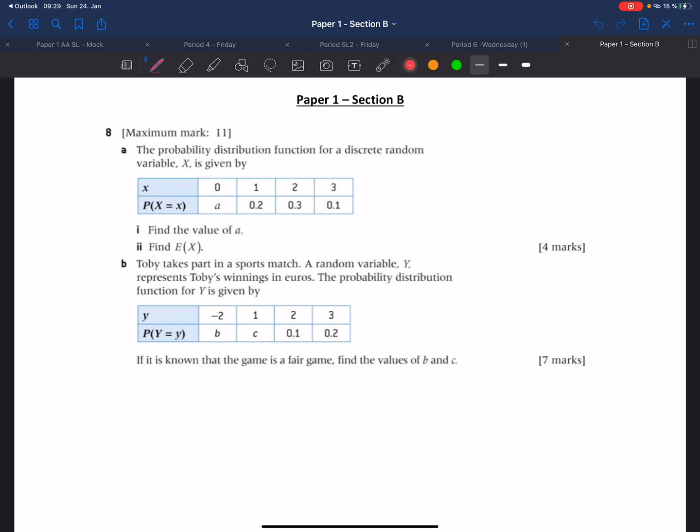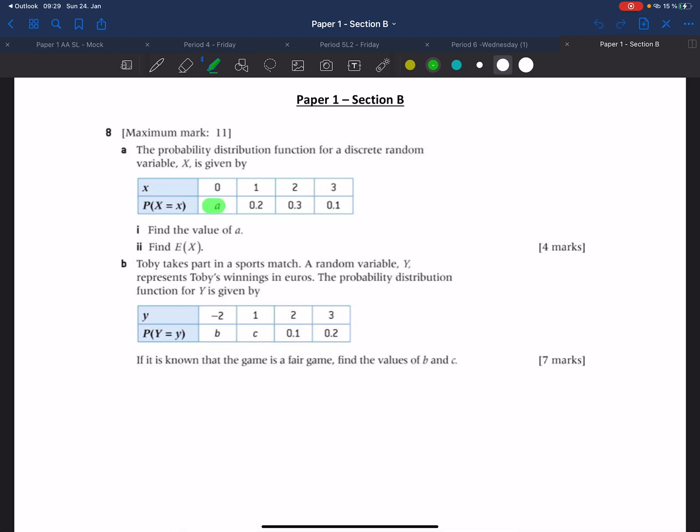So when the first question asks you to find the value of A, you are going to be using a specific rule with probability, which is that one of the things in that table has to happen. So there isn't an alternative possibility.